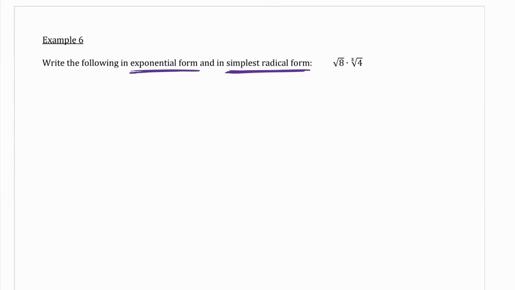Okay, so instead, we're going to use exponential form to help us simplify this. So the first step, like it said, is we're going to write it in exponential form. Exponential form just means, remember, we're going to give it a fraction exponent, exponent over index, right? So the 8, I've got 8.